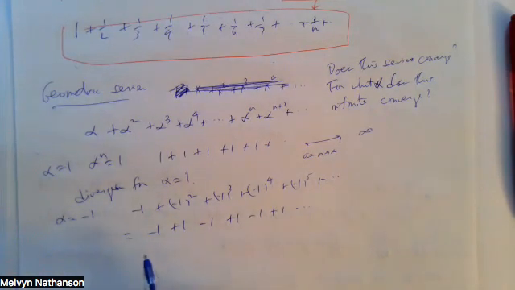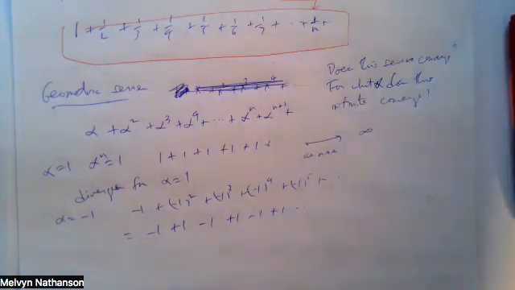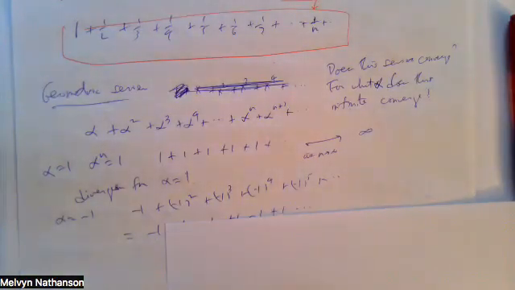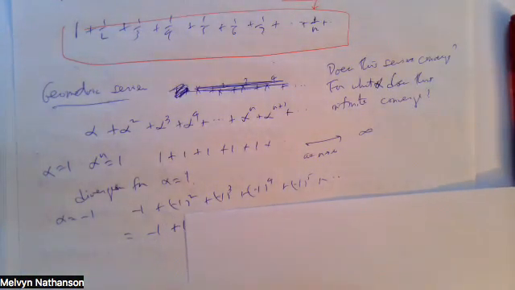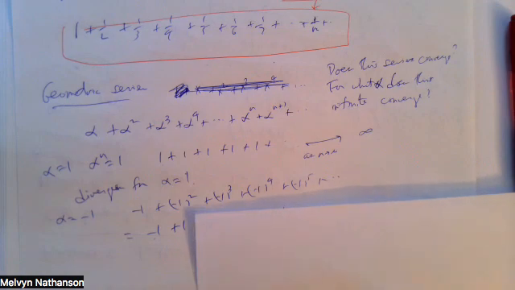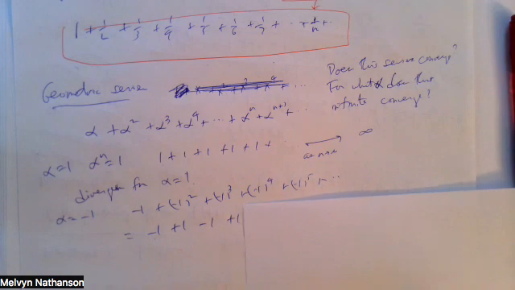So if you start adding up the terms, you get minus 1. The next term, if you add the first 2 terms, you get 0. The first 3 terms, you get minus 1. The first 4 terms, they add up to 0.